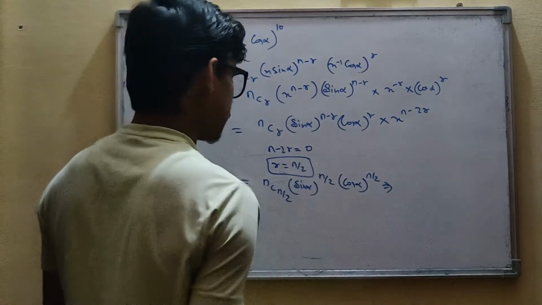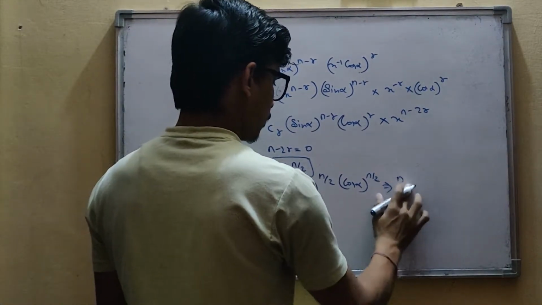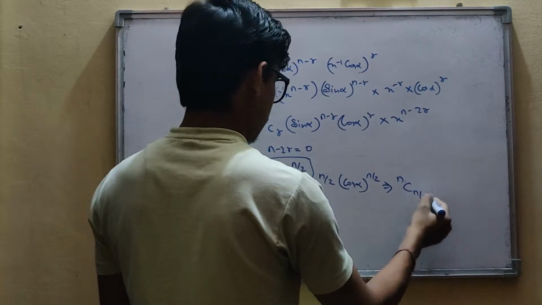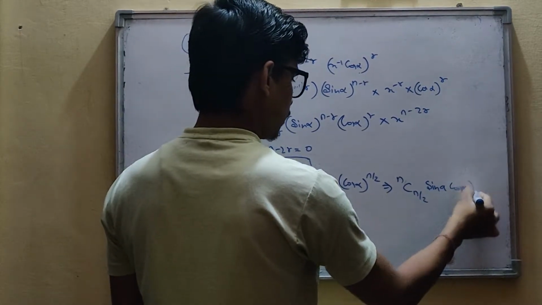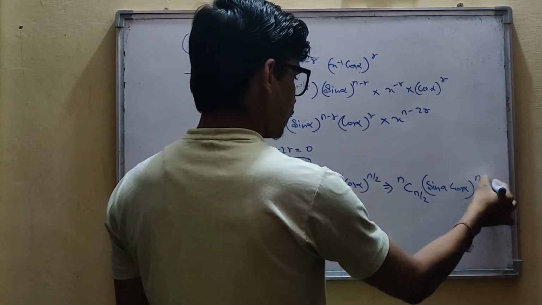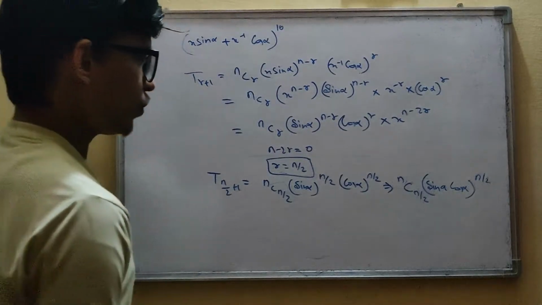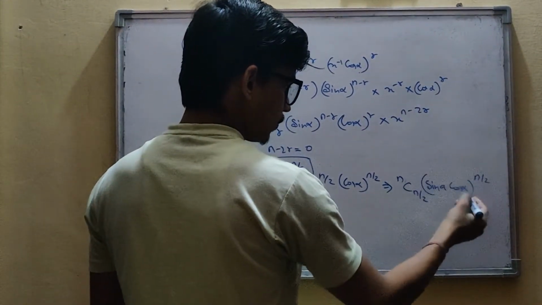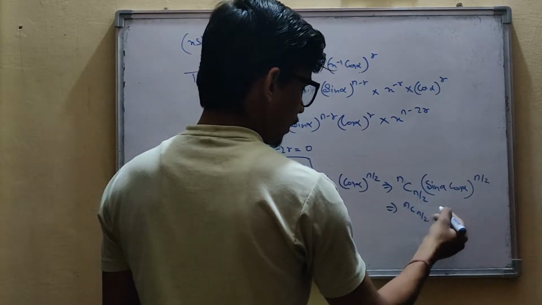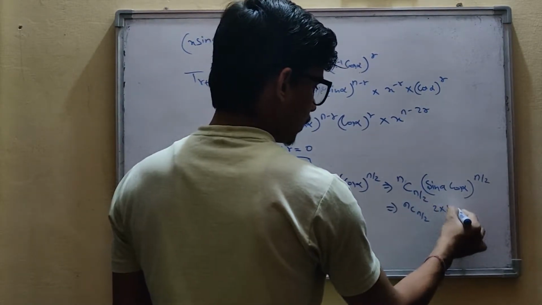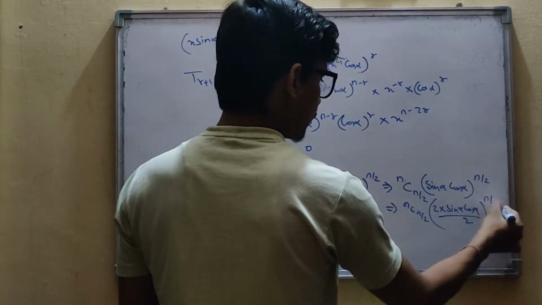So this is the term which is independent of x, right? So this can be written as nC(n/2) (sin alpha cos alpha)^(n/2), right? Now we are interested to find the maximum value. So what you can do is multiply and divide by 2 like this: nC(n/2) (2 sin alpha cos alpha / 2)^(n/2), right?